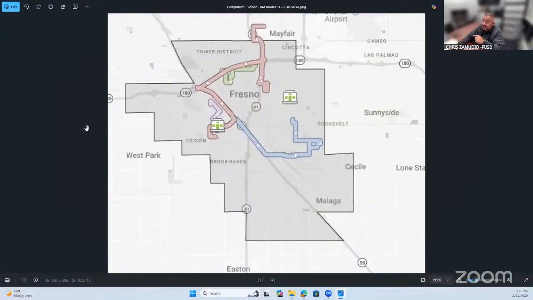So that's some of the challenges on how our routes are tiered based on logistics, where the school site is located, where they're going. So we will be looking into how we can move some things around to create and pair up these runs that service this area, these boundaries.